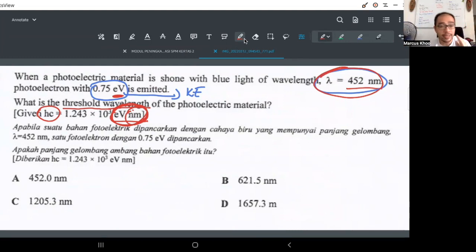I would start with the photoelectric formula, which is the total energy equals the work function plus the kinetic energy. Now, the total energy is hc over lambda. This is hc over lambda naught plus 0.75.